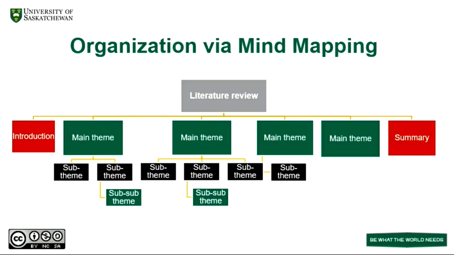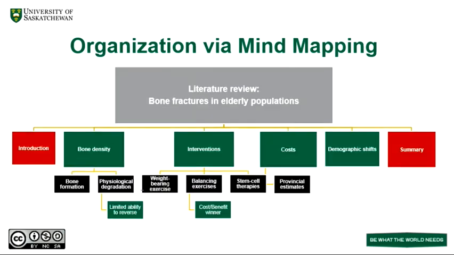So here, if you're familiar with a mind map, here is a very generic breakdown of what a literature review might look like on a mind map. So we have an introduction, the different themes, some sub-themes, and even some sub-sub-themes that will emerge. And so we can start populating a mind map with information that is more related to the topic that we are exploring.